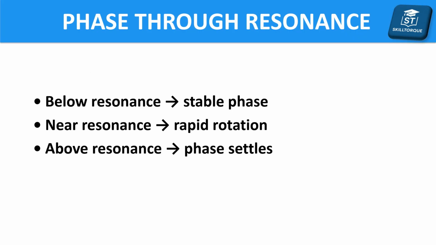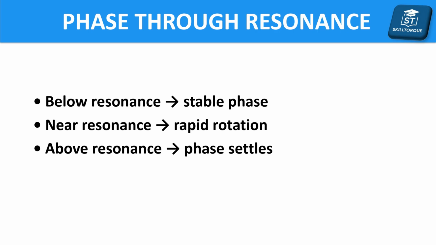Below resonance, when the machine is slowly approaching its critical speed, the phase is relatively stable. As soon as it gets very close to resonance, the phase will start rotating very quickly, or you can say fluctuating very quickly. Above resonance, the phase settles again.